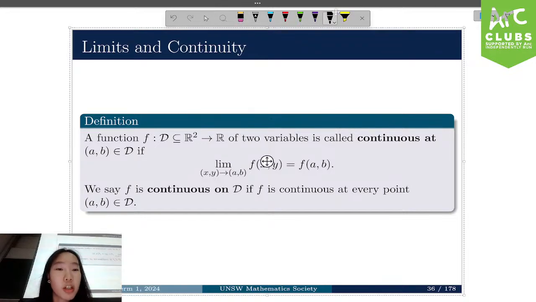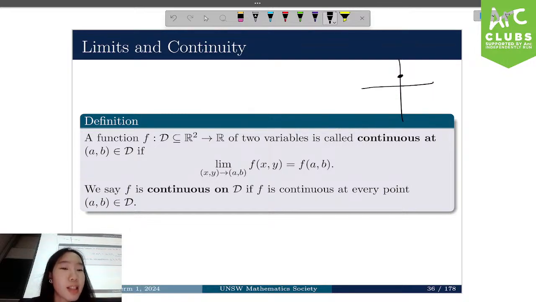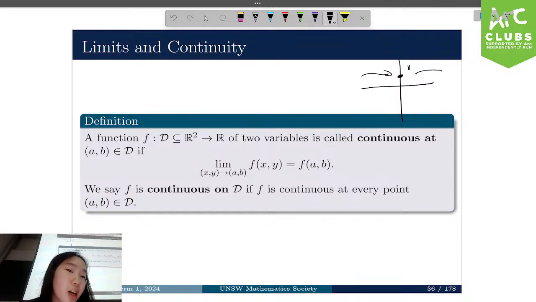So in our two-dimension case, if we want to check whether the limit exists, in one dimension we say, okay, from the left direction it's approaching 1, and from the right direction it's approaching 1 as well.